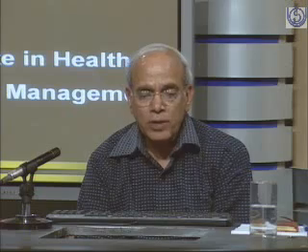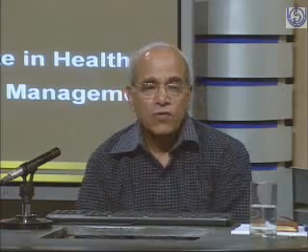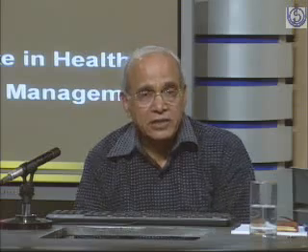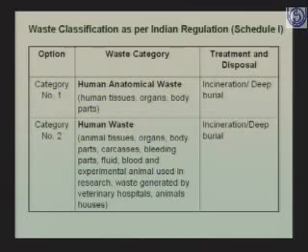So human anatomical waste, as you can see here, should be destroyed by incineration or deep burial. That is the best option for the anatomical body parts and other related excised tissues, biopsy tissues, etc. The second category is human and animal waste, which may include animal tissues, organs, body parts, carcasses, bleeding parts, and body fluids like blood and amniotic fluid, and experimental animals used in the research.